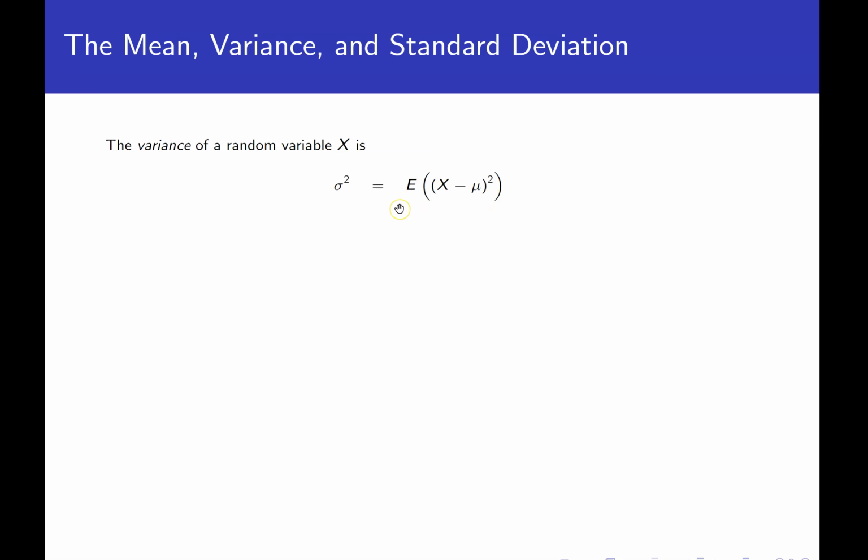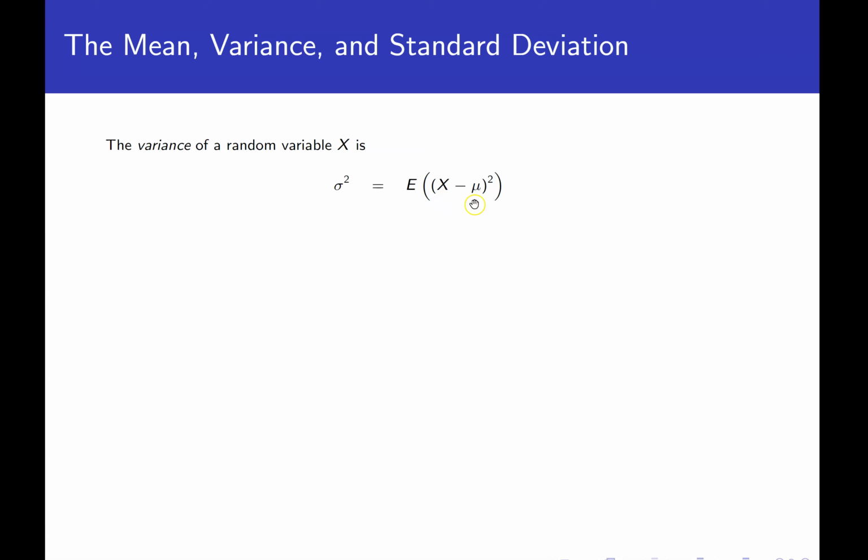We're doing expected value here, and it turns out that if I didn't have this squared here, and I just had the expected value of x minus mu, I would always get 0 every single time. We'll talk about that a little bit more in class, why that's true. But trust me for right now, if I didn't have this square here, you would always get 0.